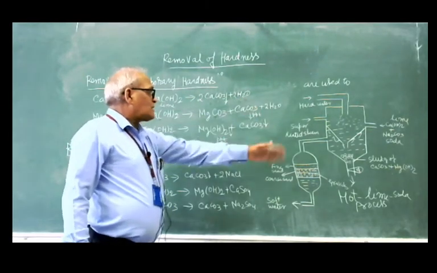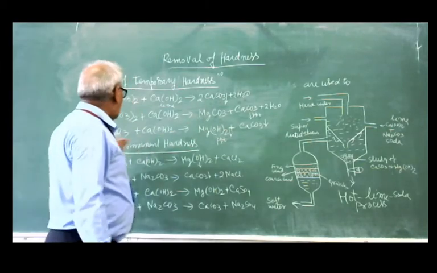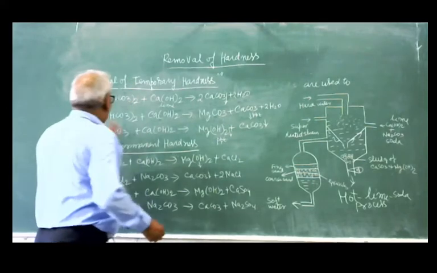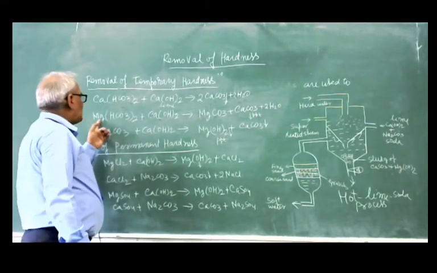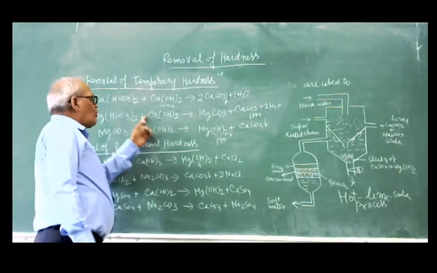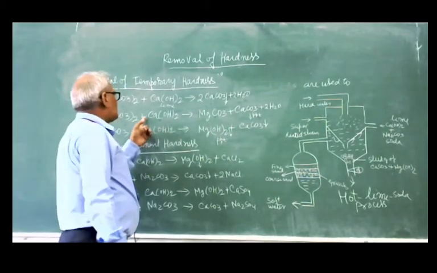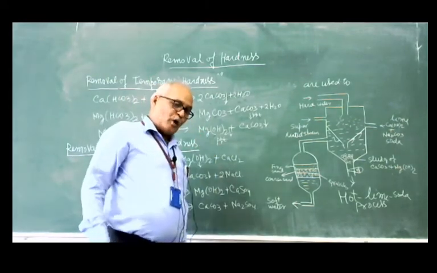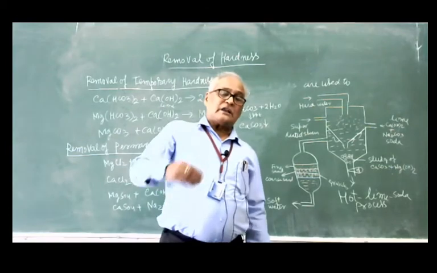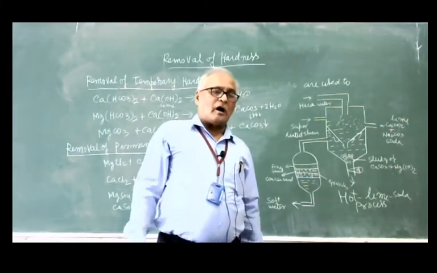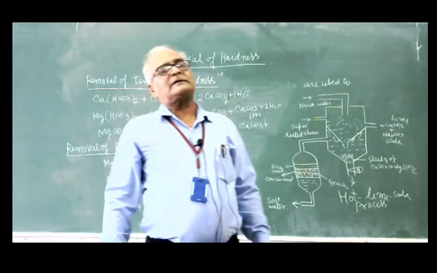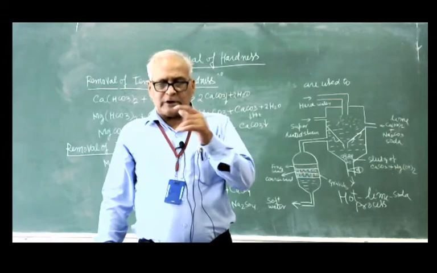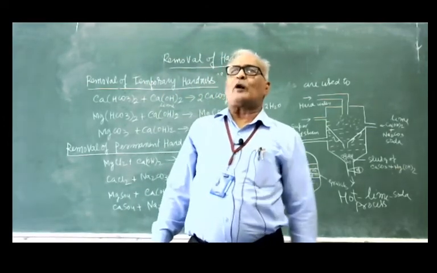This calcium carbonate can be removed, and again magnesium carbonate reacts with the calcium hydroxide. So see, in one step you can say magnesium bicarbonate plus 2 calcium hydroxide, meaning 2 times the lime is required to give the magnesium hydroxide. So in the formula we shall use twice the temporary hardness of the magnesium bicarbonate. You should remember this in calculating the amount of lime.